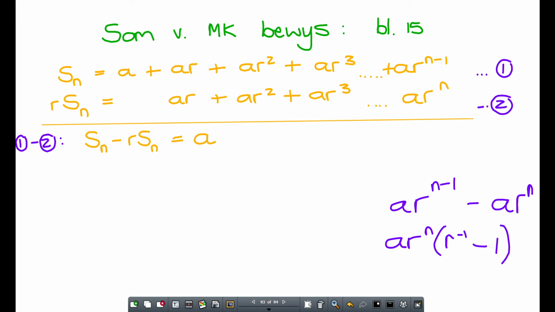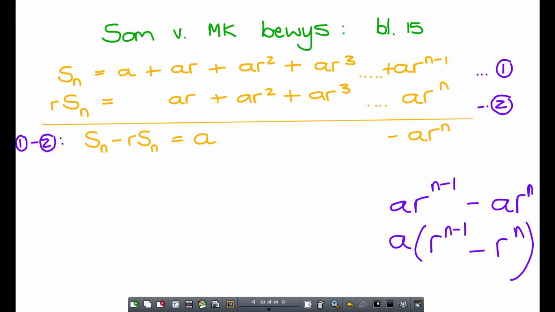Nee, wacht, ek wil daai kan uitkanselleer, sorry. As ek A uithaal, R tot die mag n minus 1, minus R tot die mag n, ek gaan oorbly met minus A R tot die mag n.